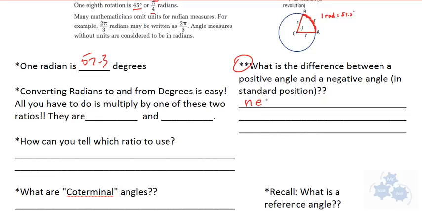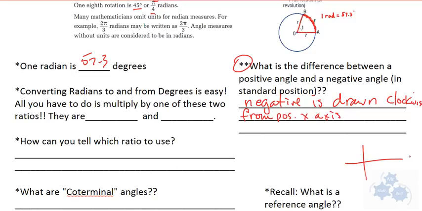Negative is drawn clockwise, from the positive x-axis, we should probably say.